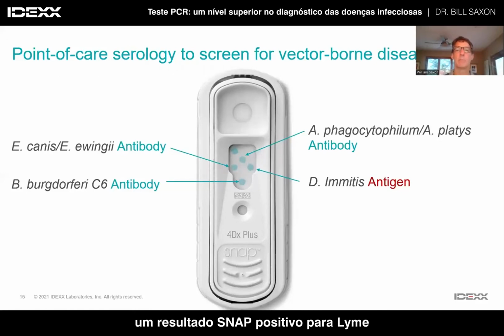So you can look at a positive SNAP result for Lyme as an indication of active disease, okay, which is a little different from the other way to interpret antibody tests that we've talked about, but it's a very specific feature and beneficial aspect of the Lyme C6 antibody test.